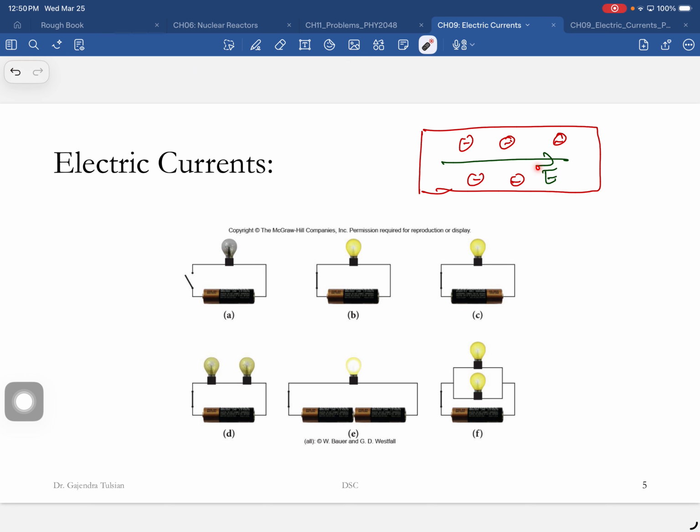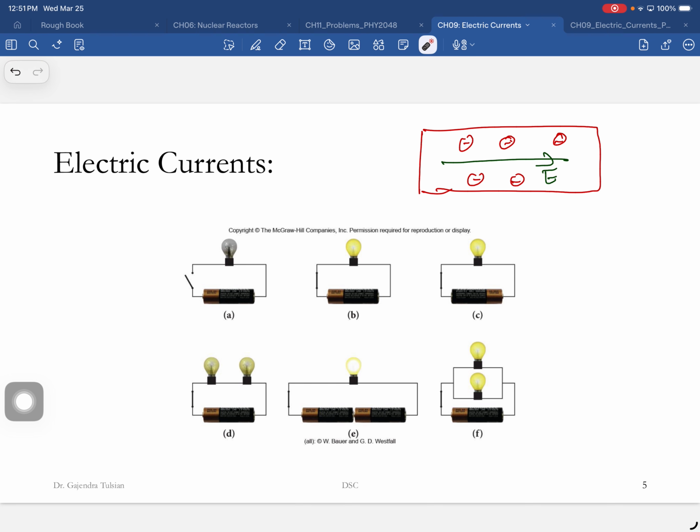As soon as you establish this electric field, these electrons start moving in the opposite direction. They hit special atoms, excite those atoms, and when the atoms de-excite, they emit light. Okay, so that's what's happening.